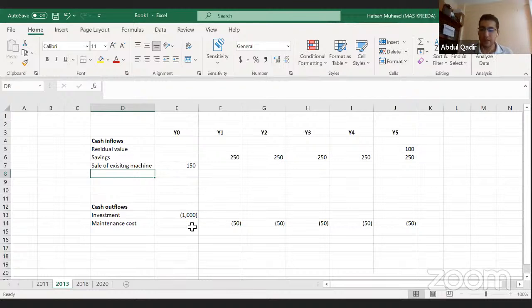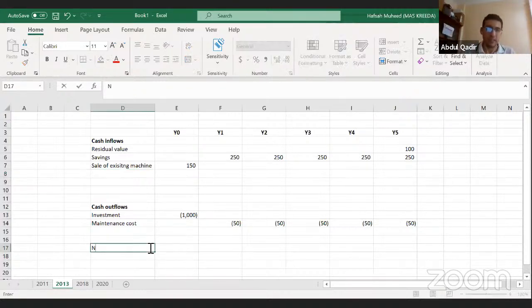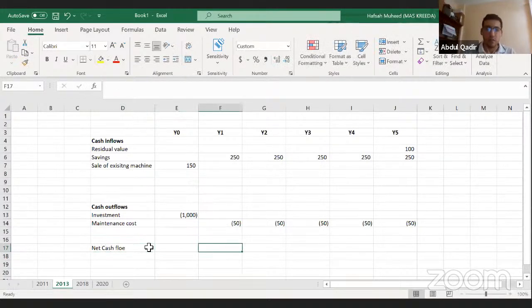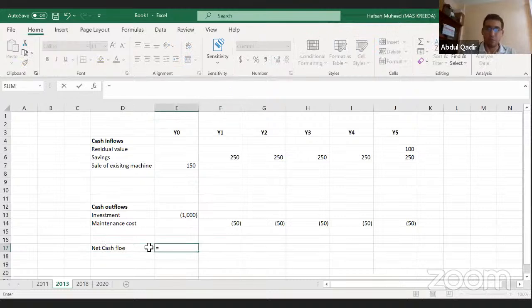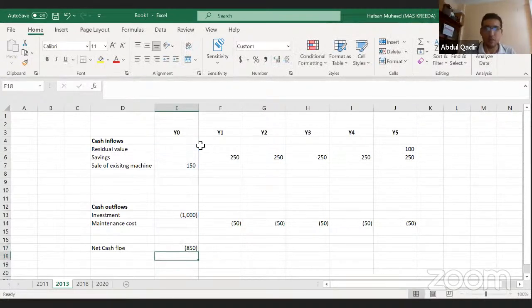So what you need to do is you can take the total under each, right? So basically the net cash flow, right? So you can just add up. You can add all of this, right?